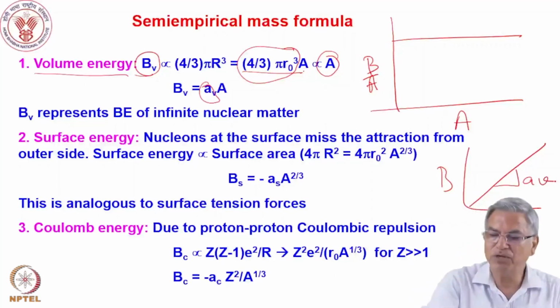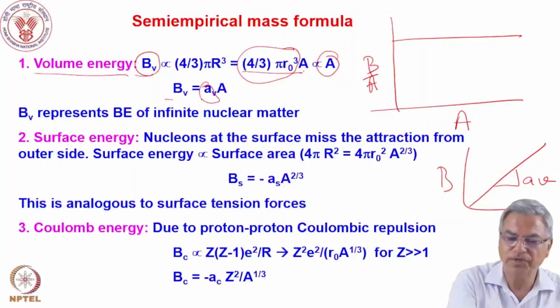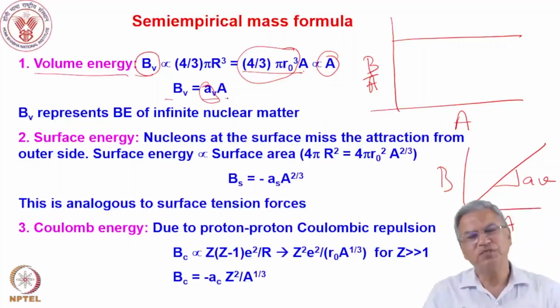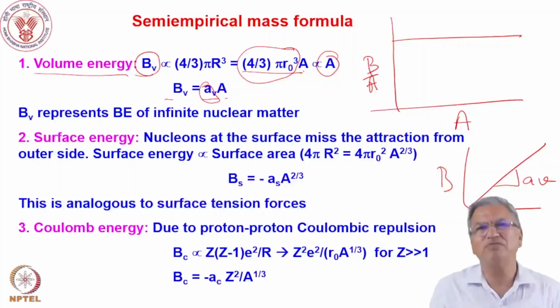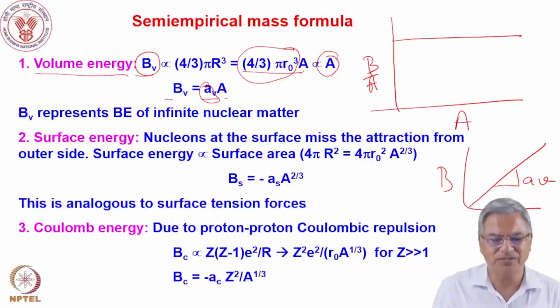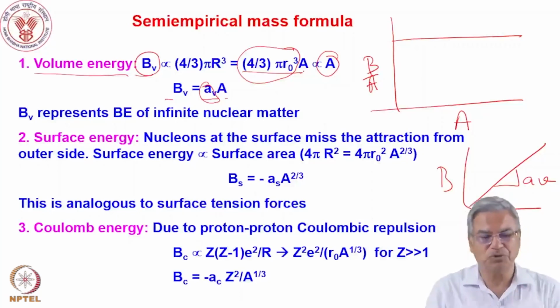So the binding energy per nucleon is constant because the binding energy is equal to av into A. Now this is a very hypothetical situation. The nucleus is not infinitely large in size. It has a certain size because there are a finite number of nucleons.